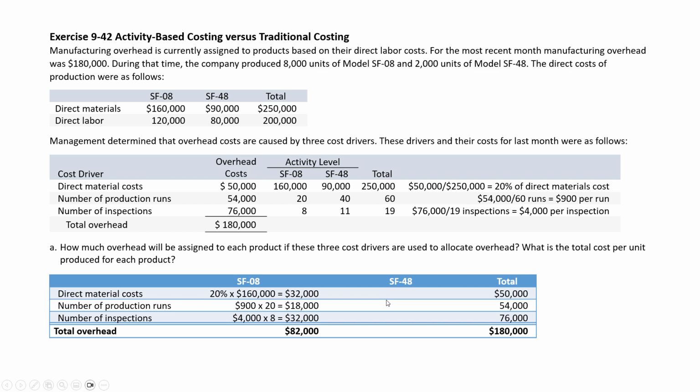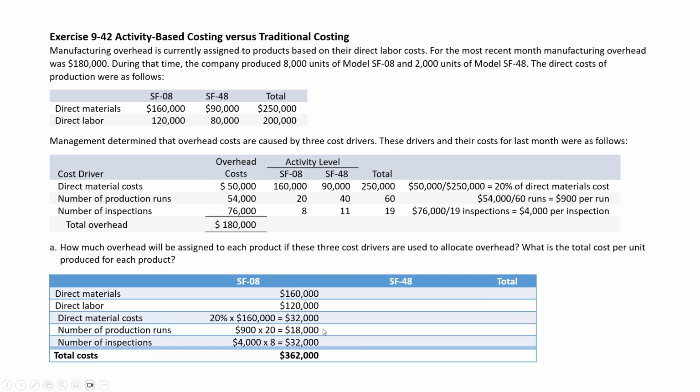They also want us to calculate total cost per unit, not just overhead related cost per unit, but total cost per unit. So beyond our overhead, we want to add our 2 direct costs, direct materials of 160,000 and direct labor of 120,000, to that manufacturing overhead total, and that would mean total manufacturing costs would be 362,000.